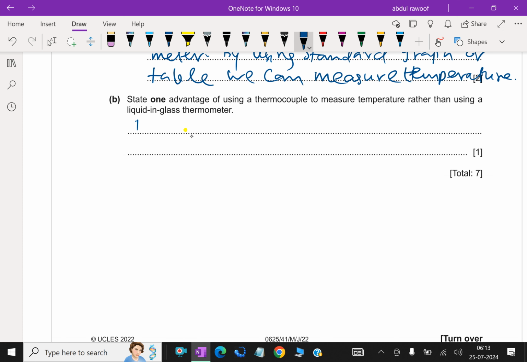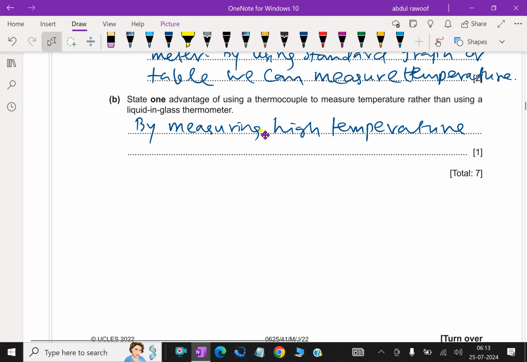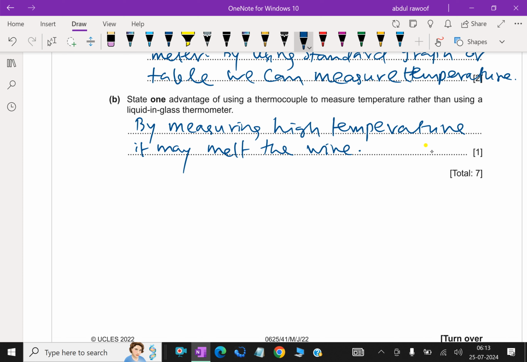By measuring high temperature with a liquid in glass thermometer, it may damage it, it may melt the wire.